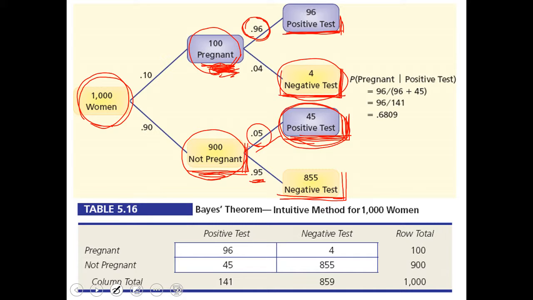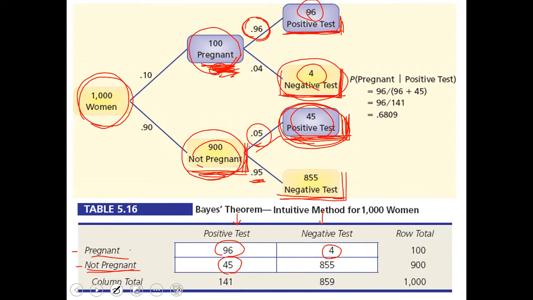So let's draw the contingency table. Here is pregnant and not pregnant, and here is positive test and negative test. Pregnant and positive is 96. Pregnant but negative is 4. Non-pregnant but positive is 45.